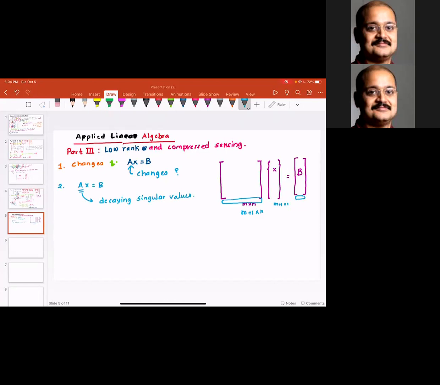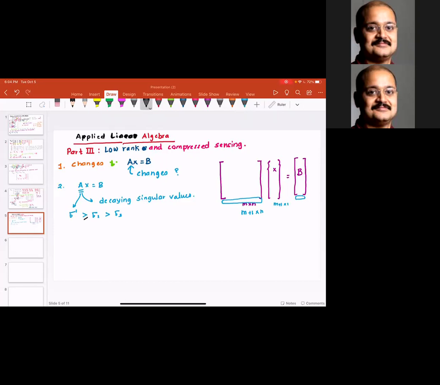This problem may not seem apparent, but here is what happens. You have sigma 1, then gradually sigma 2, then sigma 3, and sometimes these values decay exponentially.